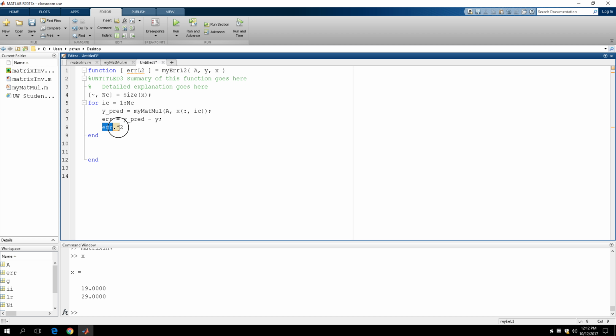So the result of this calculation is still going to be a vector. But every element inside of the output vector is going to be the square of every element inside of the ER vector, right? But if you remove this dot, then MATLAB is not going to treat it as an element-wise square.